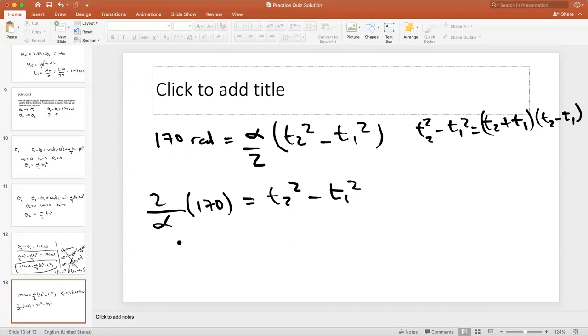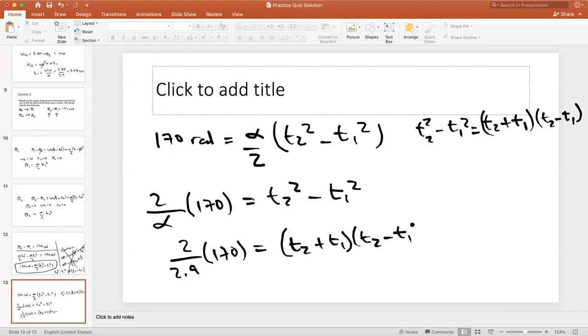So let's plug that in. We have 2 over 2.9 times 170 is equal to t2 plus t1 times t2 minus t1, but this is 9 seconds. We have that t2 minus t1 was 9 seconds.